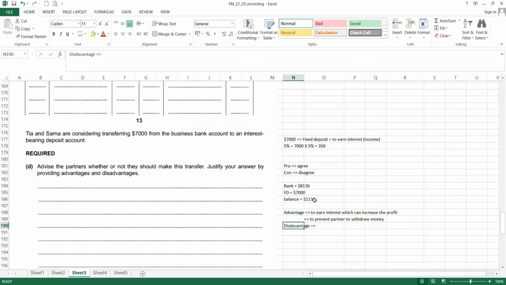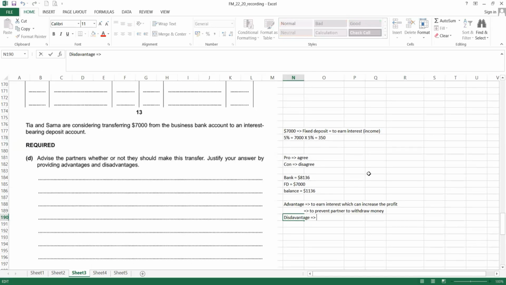Disadvantage, when left with the balance 1136 is not enough for day-to-day operation. So you're not enough to pay off. So when you're not enough to pay off, what problem that you will face?